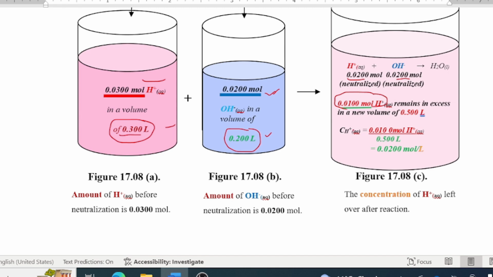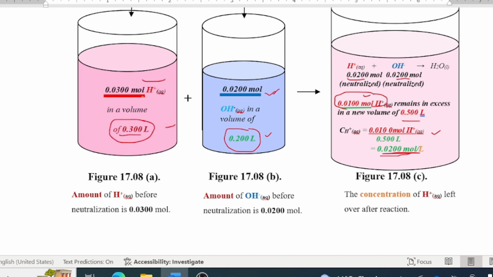To find the concentration now, we take that number of moles and divide it by the new volume, which is 0.500 liters. So take the remaining amount of hydrogen ions and divide it by the new volume, and you get this concentration here. That's the new concentration of the hydrogen ions.